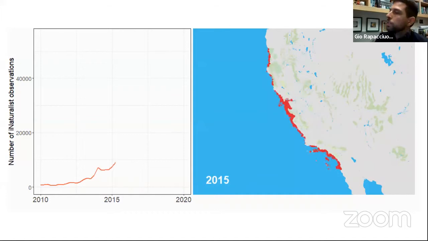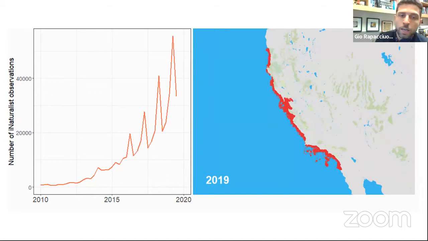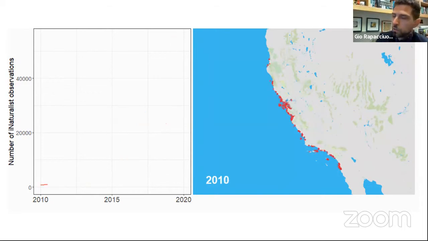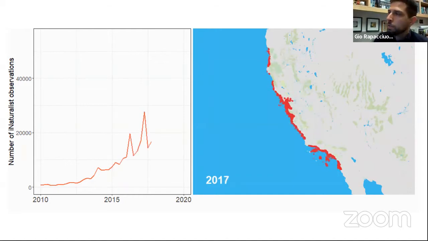And so this animation here shows the amount of iNaturalist observations on the coast. And these are research grade observations. So they're observations that have been not only collected, but have precise coordinates and timestamps associated with them. And the IDs have also been vetted by members of the iNaturalist community.